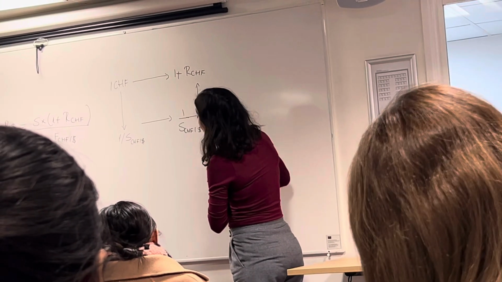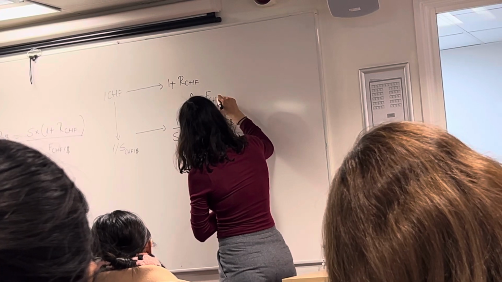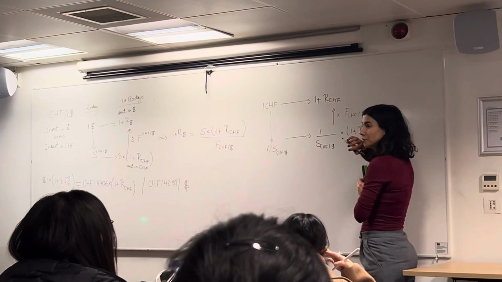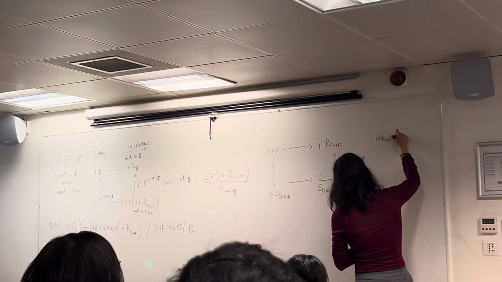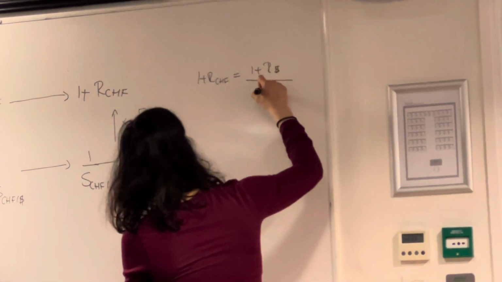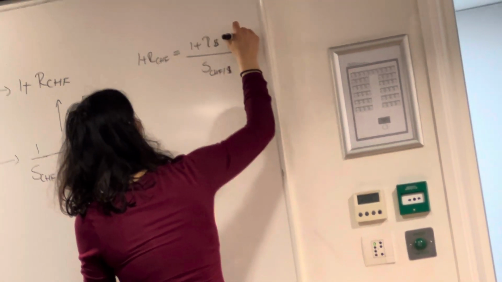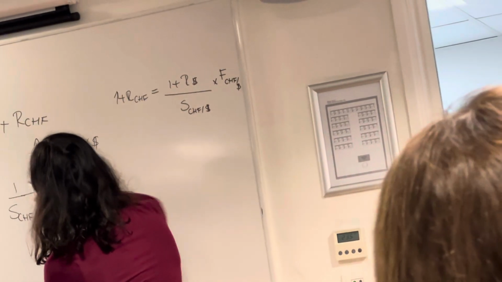So this is a dollar amount, so we multiply this time by F. So we can have this condition either like that or like this.